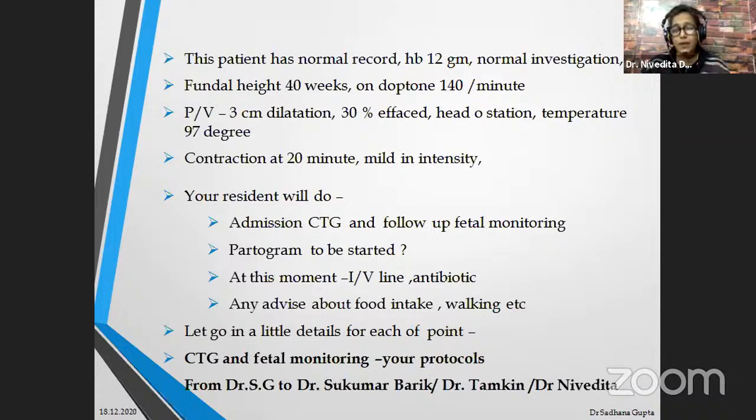But I would like to point out that my nurses are instructed that they have to do fetal heart rate monitoring for at least 2 minutes for every woman in labor at admission, and note the decelerations which are occurring. My nurses pick it up very well, and they let me know, ma'am, with the contractions her heart rate is going down and it is staying down or it is coming back. They give me that information, and that is how I follow it up.